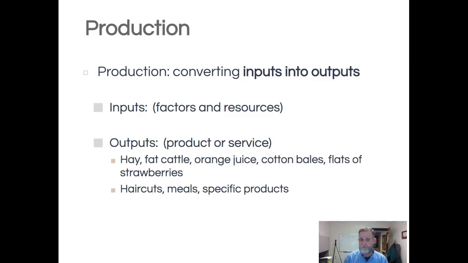So for some examples of products and services in the ag world, we talk about hay, fat cattle that have been finished. There are stages of production that we talk about within that, so we can actually partition some of that production out, and as it moves along, it gets closer and closer to a good or service that can be offered to the consumer. Cotton, flats of strawberries, all that kind of stuff.